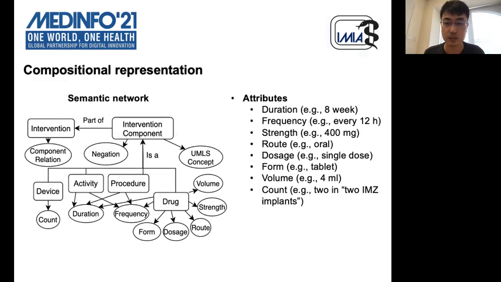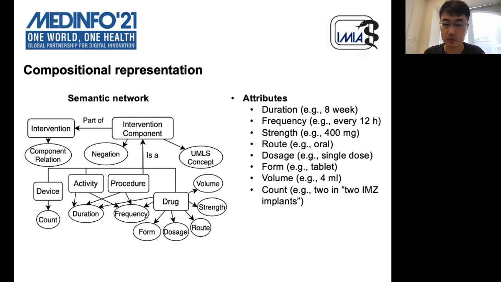The subclasses for the treatment entity include device, activity, procedure, and drug. Each treatment entity is normalized to a UMLS concept. The attributes include duration, frequency, strength, route, dosage, form, volume, and count. Some of the attributes are specific to particular treatment entity types.